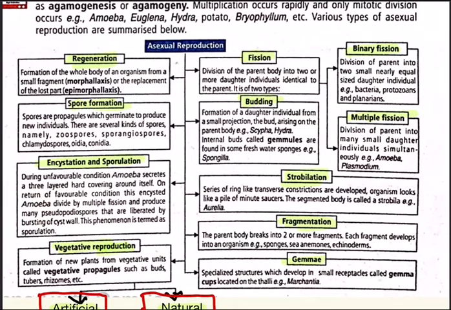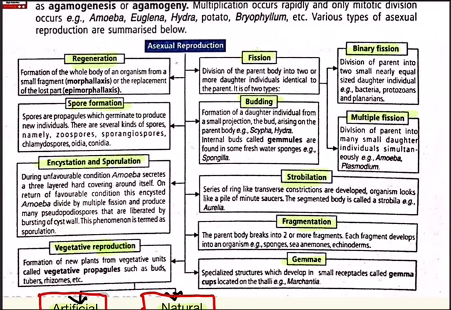And on return of favorable conditions, this encysted, we say cyst formation, amoeba divides by multiple fission and produces many pseudopodiospores that are liberated by bursting of the cyst wall. This phenomenon is termed as sporulation.